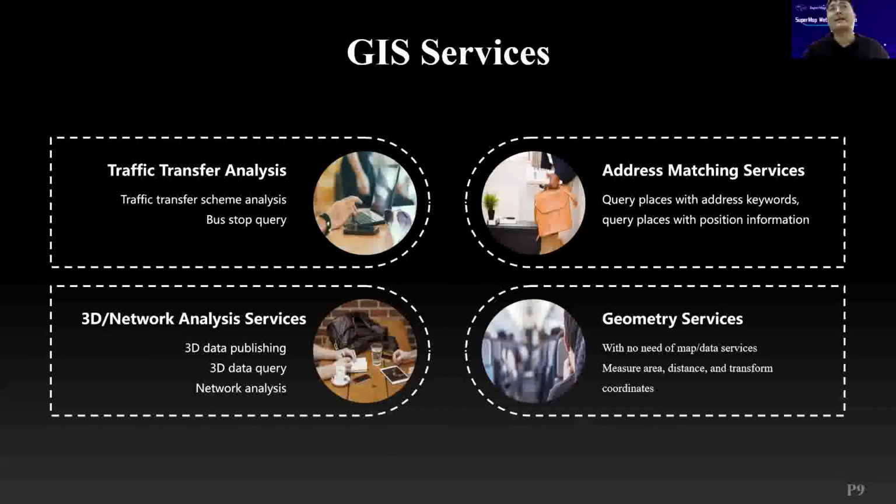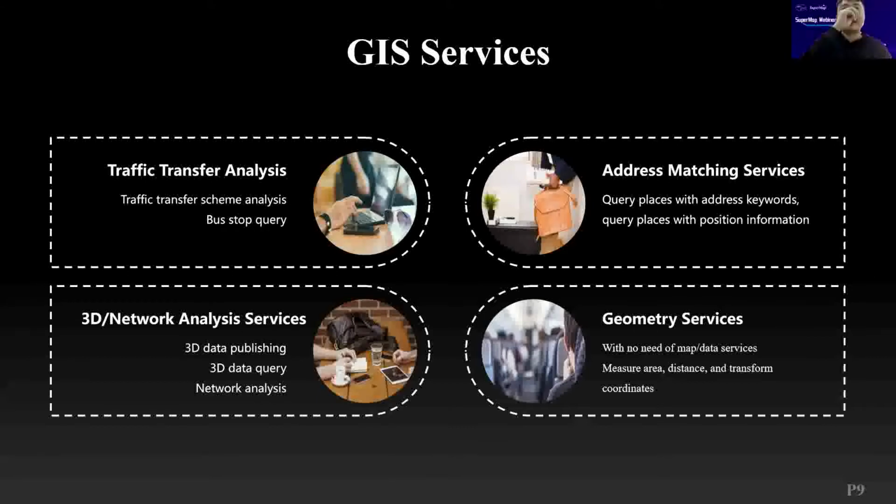That is, we can input the name of an address, then this service can help us find the position of this address. The result is coordinates. And the other one is, if we know the coordinates and we want to know the address, then we can input the coordinates and get the result of the address. It's a description of the address. So this is the address matching service.